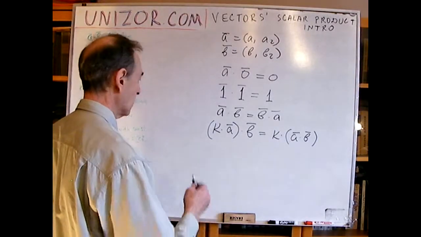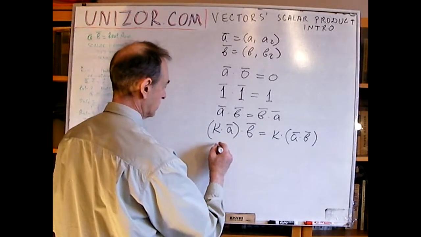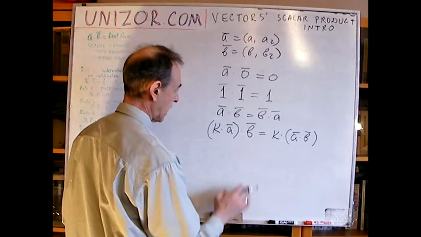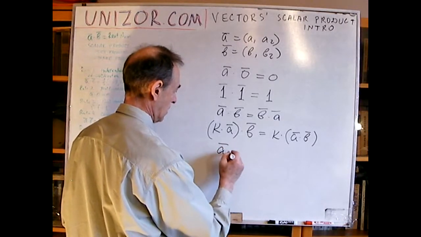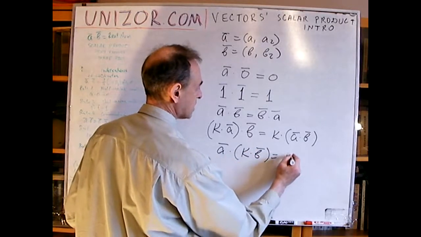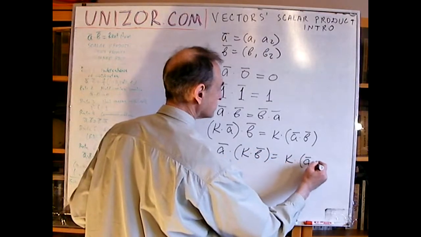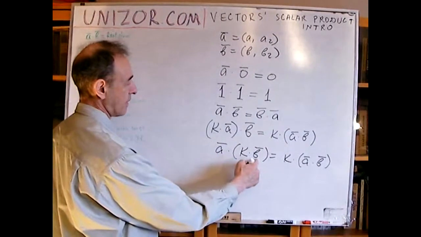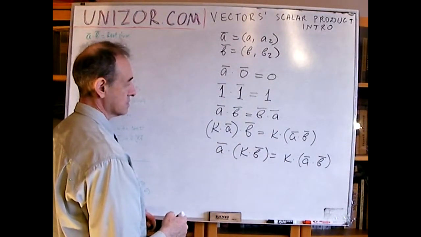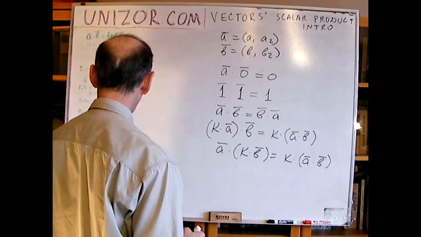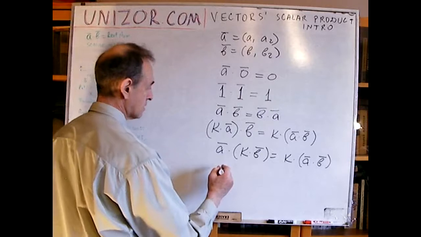And, well, obviously, with multiplication of another, it's also the same thing. If I multiply by a constant another component of this scalar product. All right, and the next one is the distributive law.